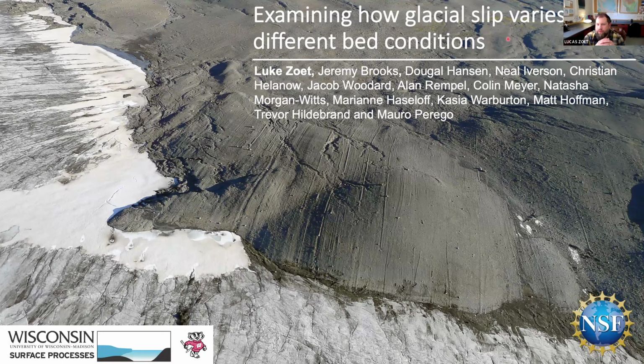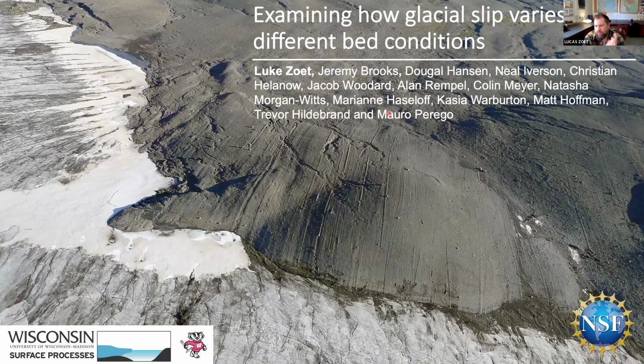Okay. So yeah, like David said, I'm going to talk about work that we've been doing at Wisconsin and Iowa State for maybe the last 5 to 10 years, where we've been looking at a range of different mechanisms of slip. And when I say examining it across different bed conditions, you can think of a lot of times when people try to categorize the subglacial realm, they'll do it into one of two categories: hard versus soft.